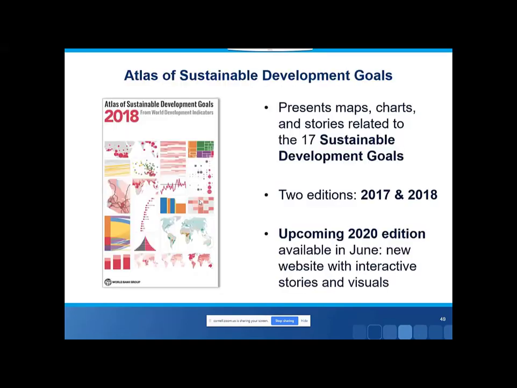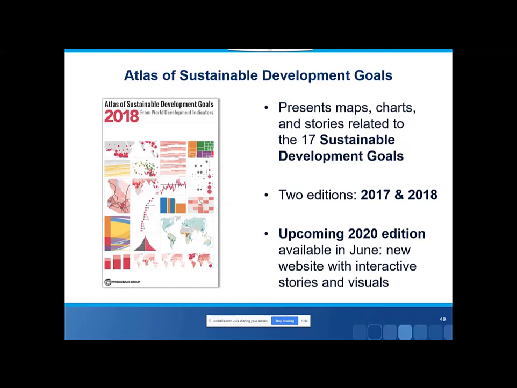I also wanted to cover this. You may have heard about the Sustainable Development Goals, which are a global agenda focused on a variety of topics, such as the elimination of poverty, hunger, good health, education, and many others.